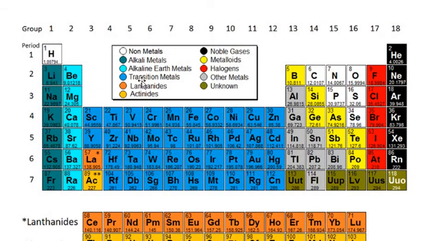The elements here are arranged, as you see, increasingly one by one according to the atomic number. So the basis of arrangement of elements in the modern periodic table is the increase in the atomic number.